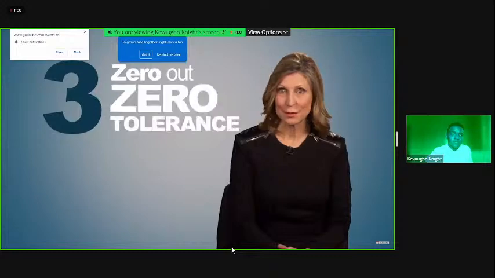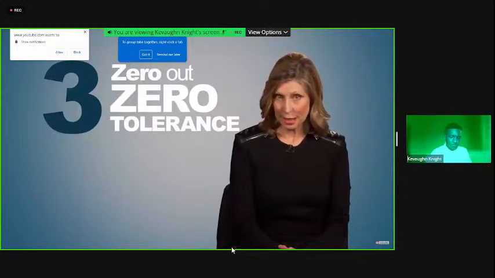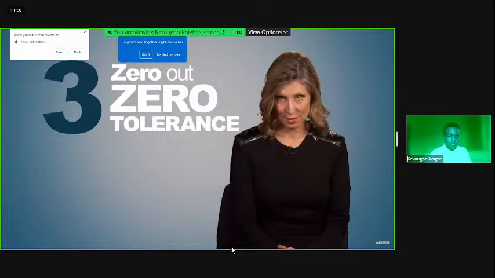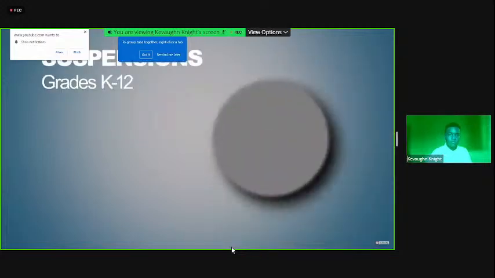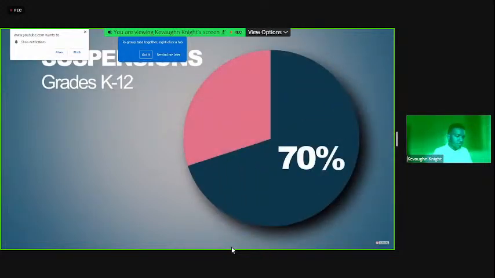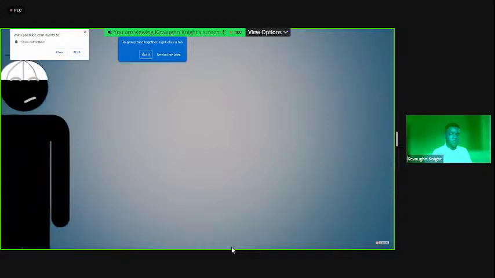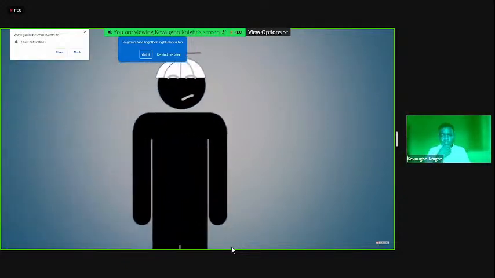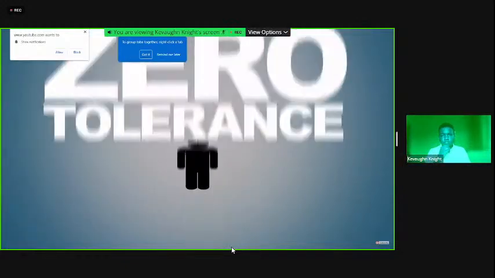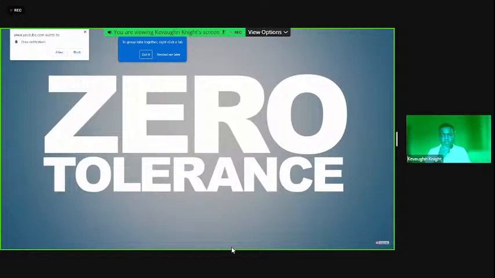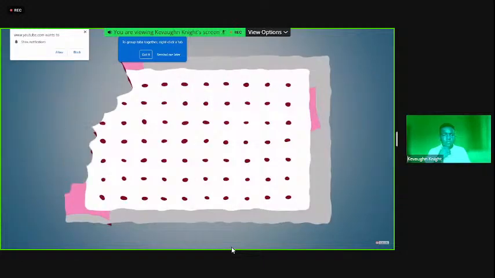3, zero out, zero tolerance. Boys are nearly 5 times as likely to be expelled from preschool as girls. And in grades K through 12, boys account for nearly 70% of suspensions. Now, this is often for minor acts of insubordination and sometimes for entirely innocent behavior. Hardly a week goes by without a news story about a young boy running afoul of the school's zero tolerance policy.